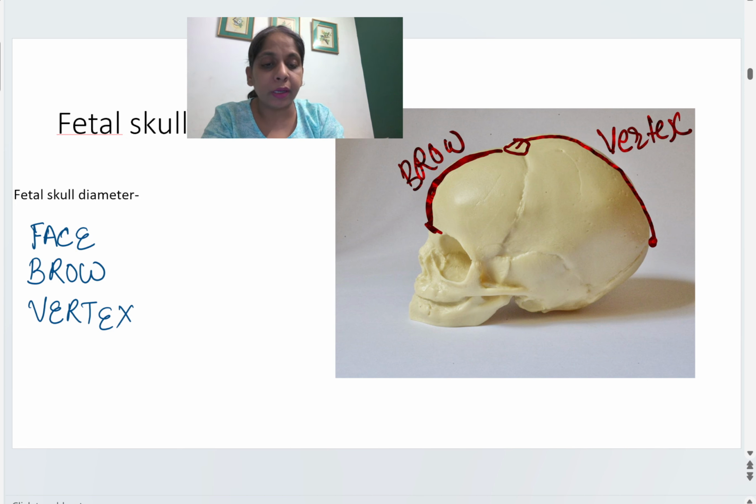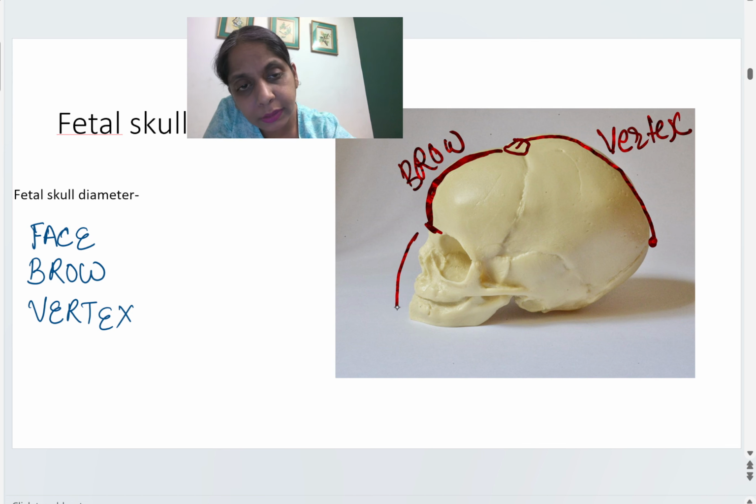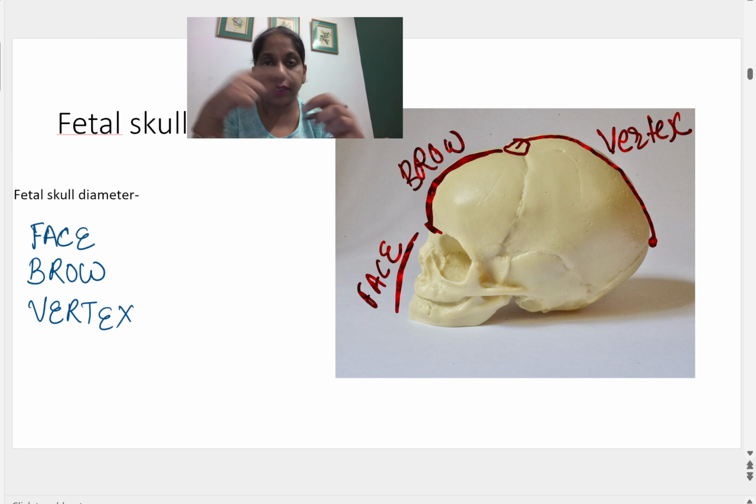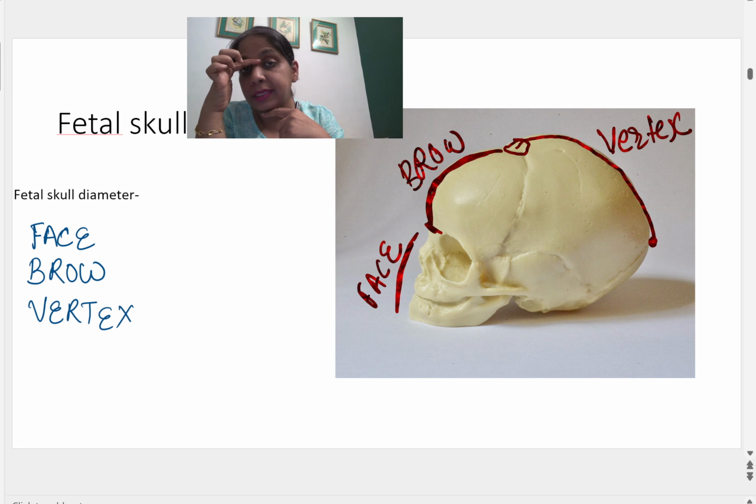which we call the forehead. And the one which is below the brow is this part, the face. This part is the face presentation, face part. The one below the orbit's edges and up till the chin is face.